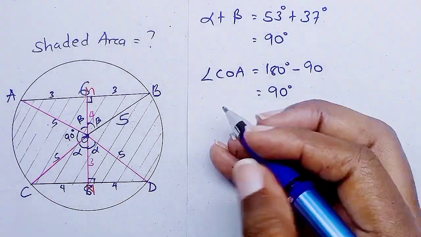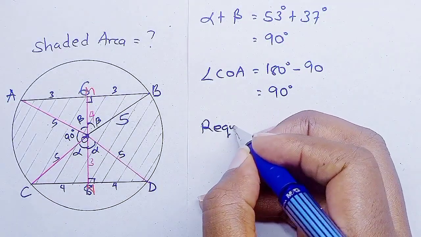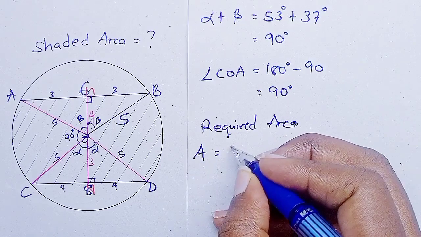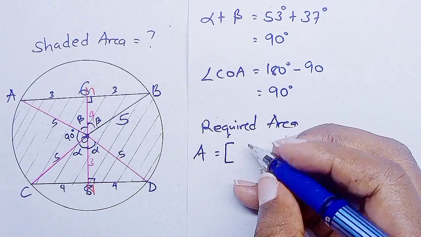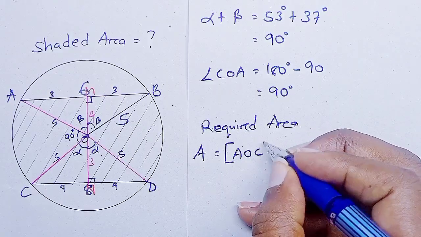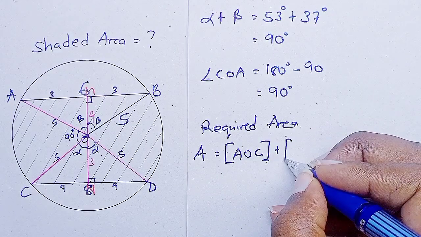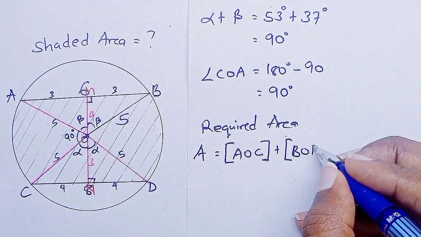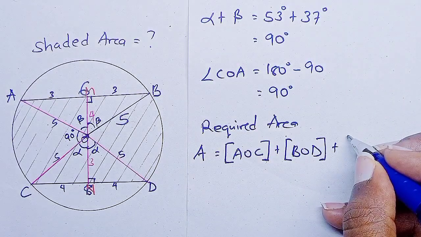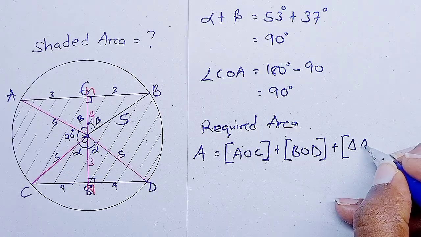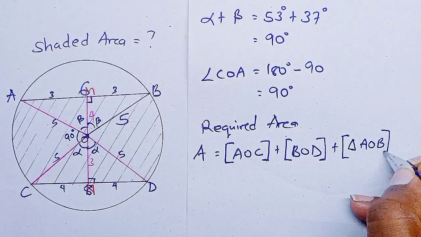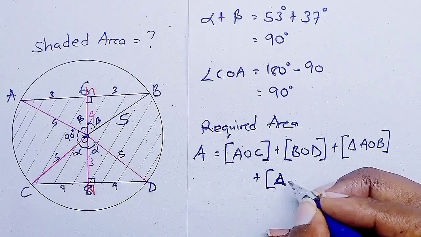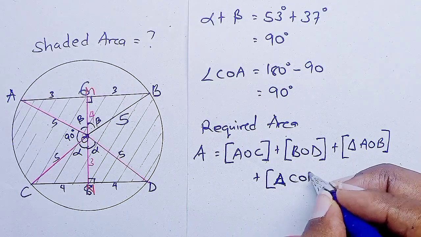So the required area is equal to the area of sector AOC, plus the area of sector BOD, plus the area of triangle AOB, plus the area of triangle COD.